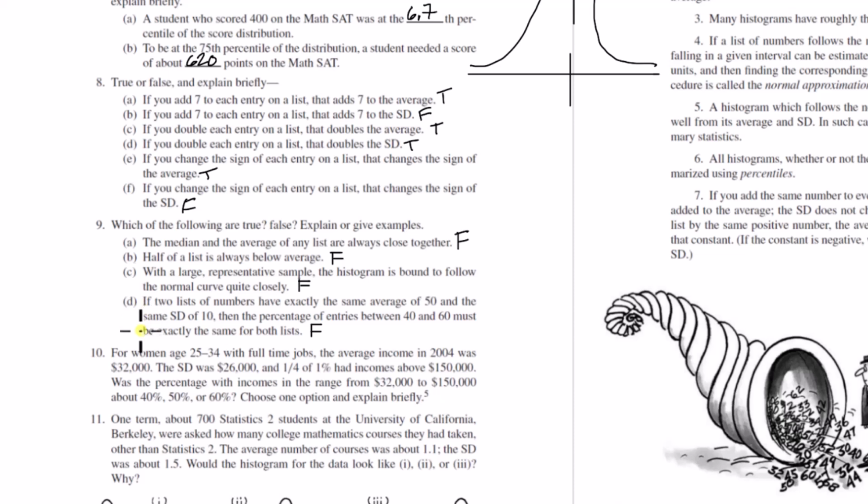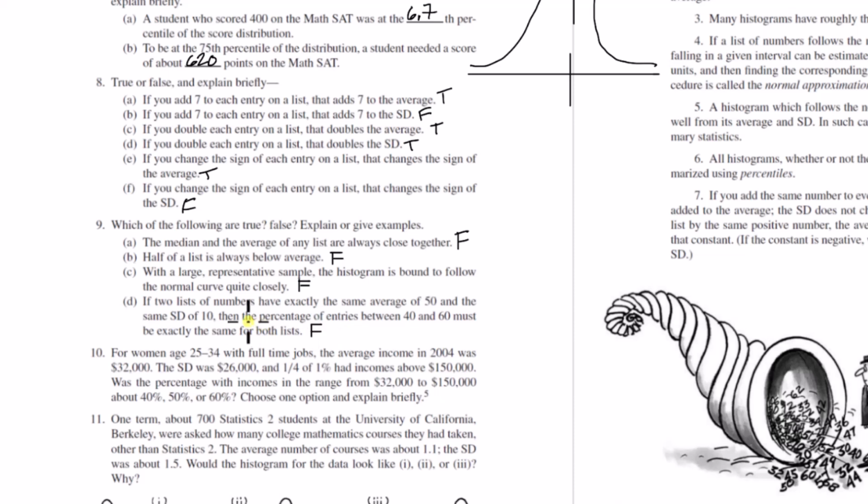Okay, now what if it told us that these did follow a normal distribution? So they both followed a normal distribution, well, not exactly, but approximately. If they both exactly followed the normal distribution, and they both had the exact same average and the exact same standard deviation, then yes, this would be a true statement.